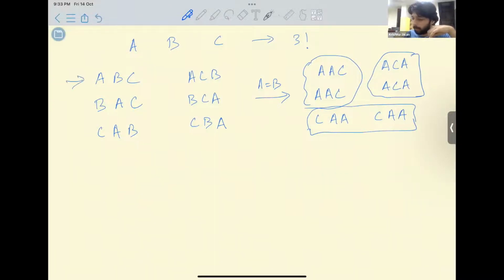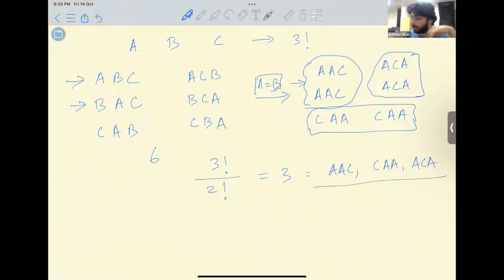Initially you had them different, but now they are all the same. So initially you had total of 6, but now because two elements are the same, you have to mod it out. So 3 factorial divided by 2 factorial, which is just 3 distinct arrangements you can make, which are AAC, CAA, ACA. But if you had all distinct objects, you had 6 such arrangements.